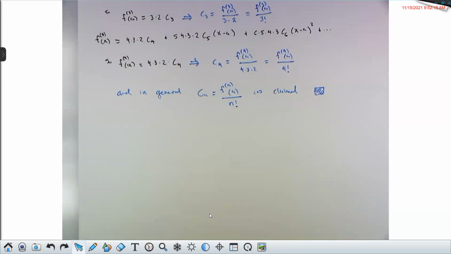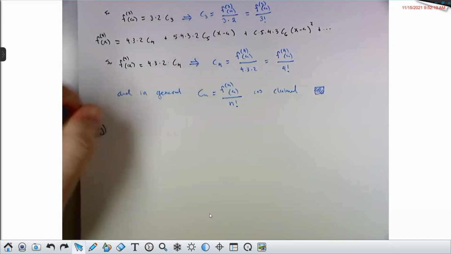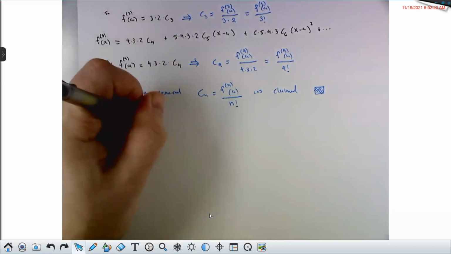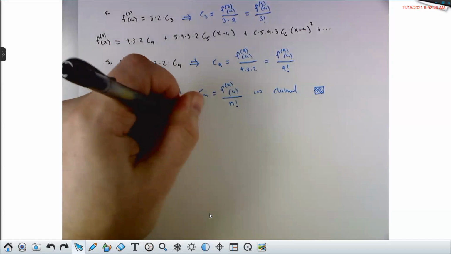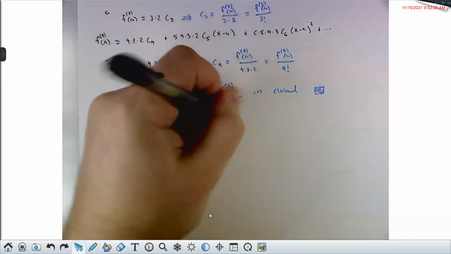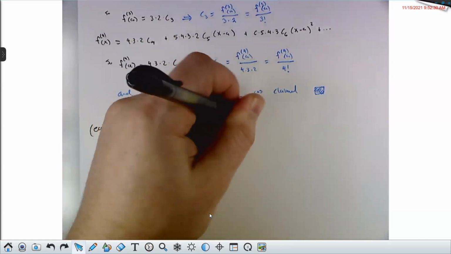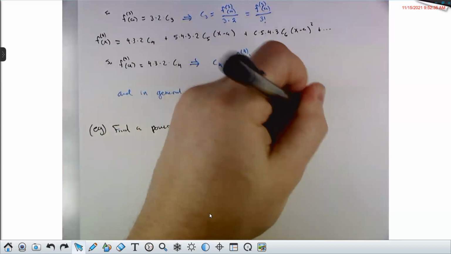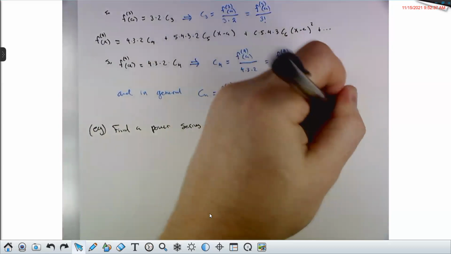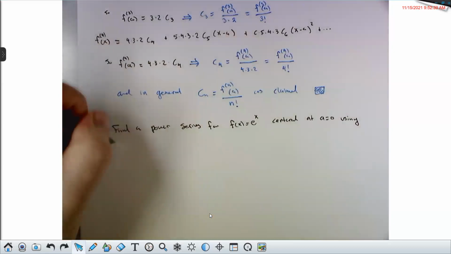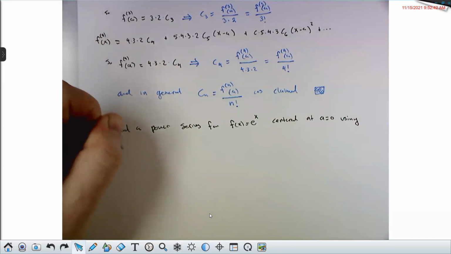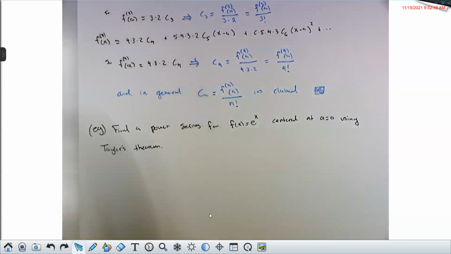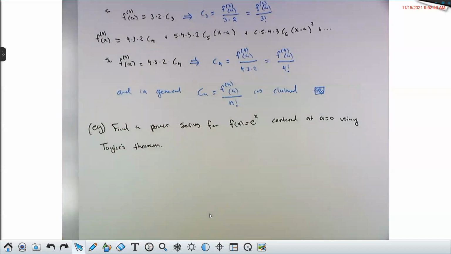So here's our first big example. I'm going to find a power series for e to the x.